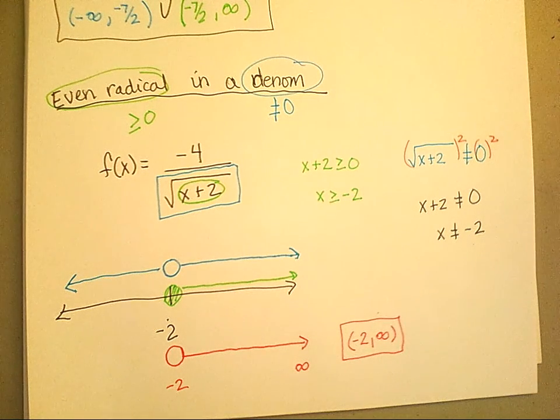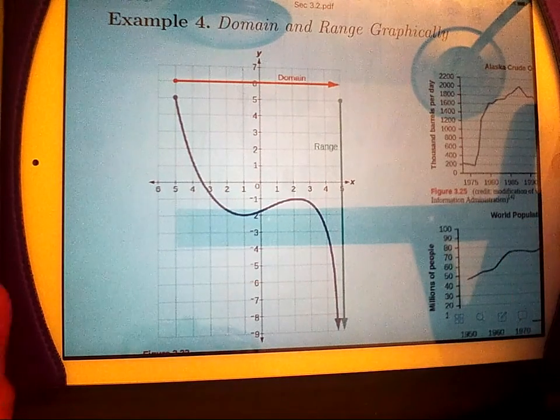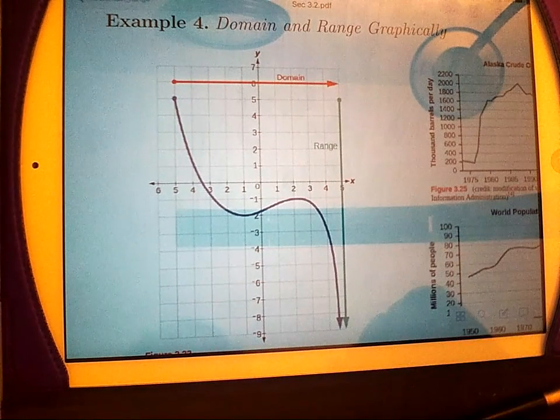Okay, so that's how you find domain and range of functions given their equation. Now let's say, for example, you're just given a graph.